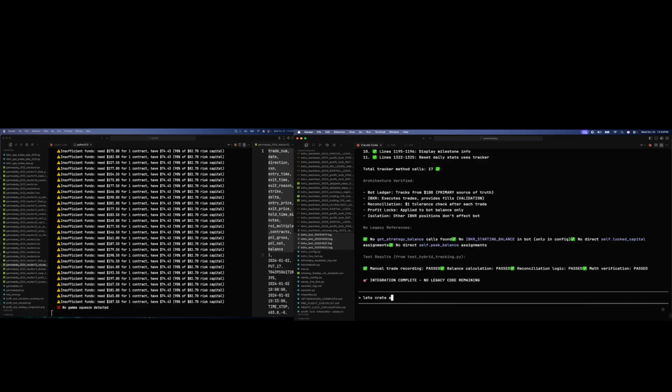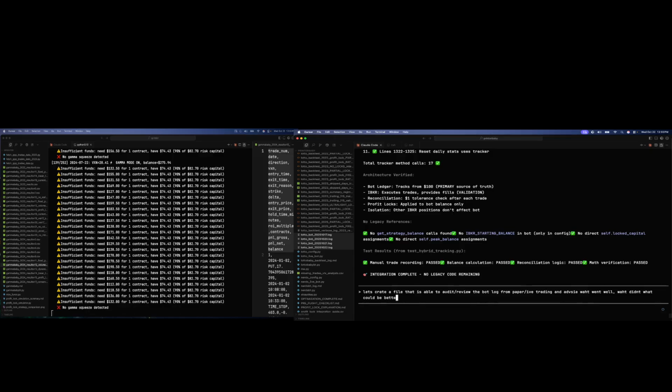Let's create a file that is able to audit and review the bot's logs from paper and live trading. Advise what went well, what didn't, what could be better, so we can better stay ahead of any issues.